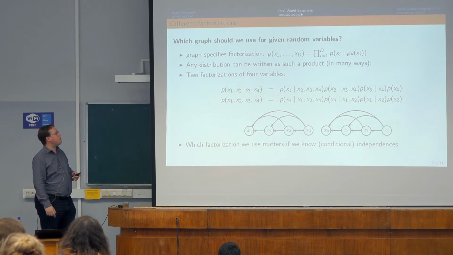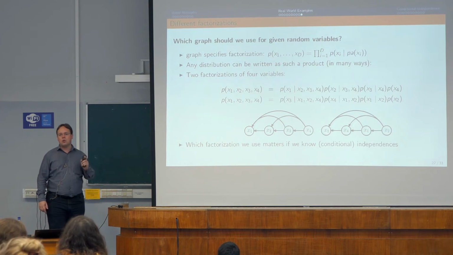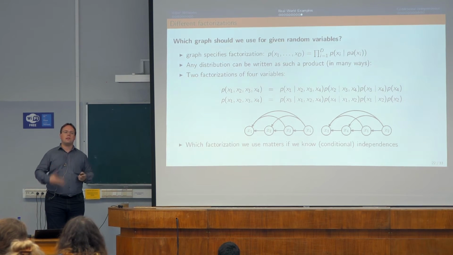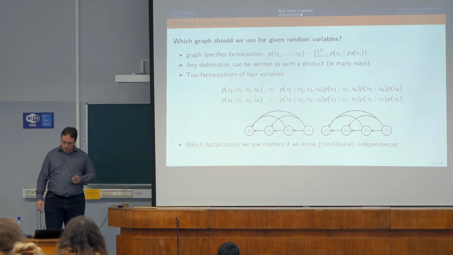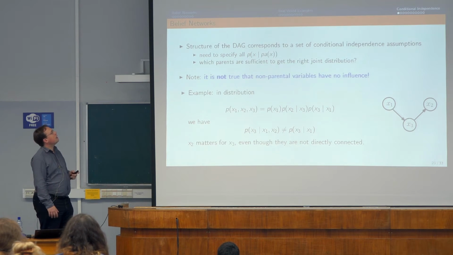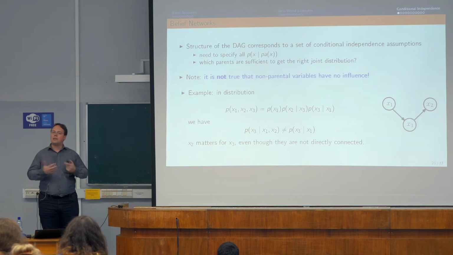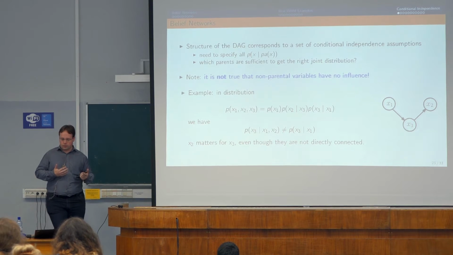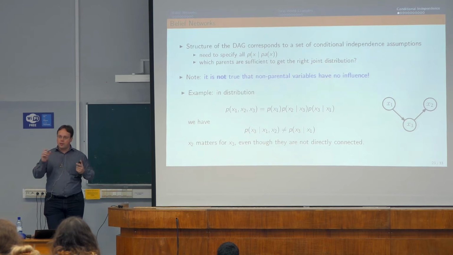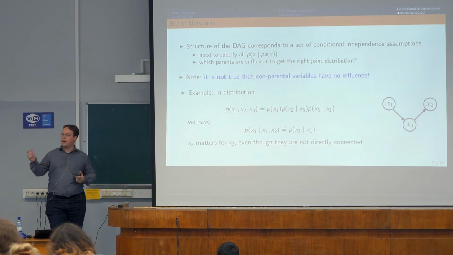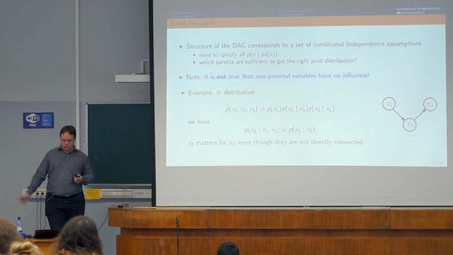So the conditional independences should tell you how you can write the model in the easiest possible way. That means you save parameters in storing it, you save computation, and so on. So clearly the structure that we get has something to do with what is independent of what. We need to write them as a product, but which parents we put into the product has to depend on what it depends on.